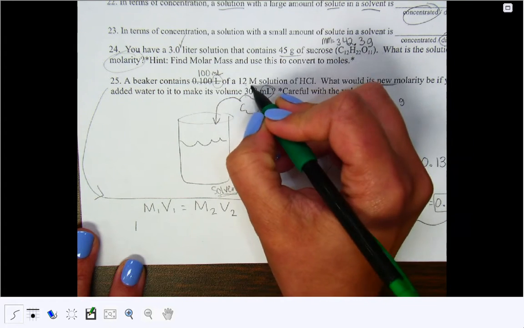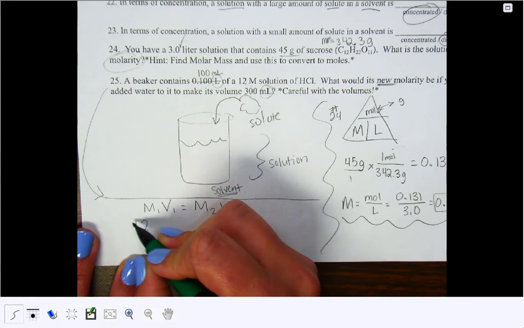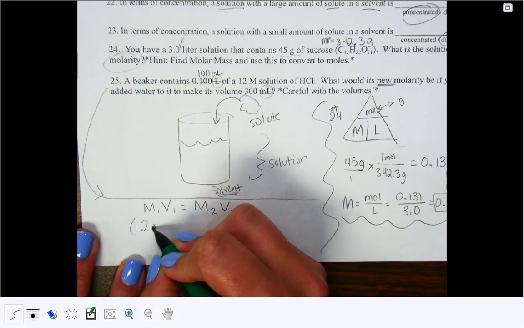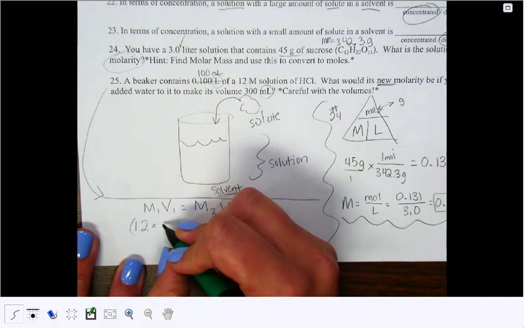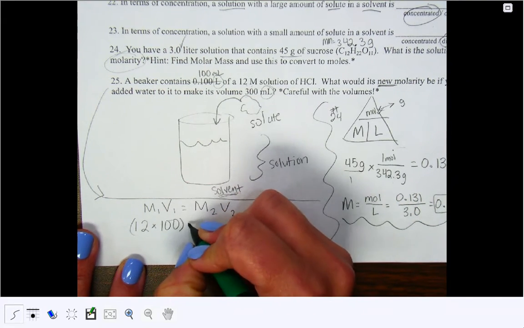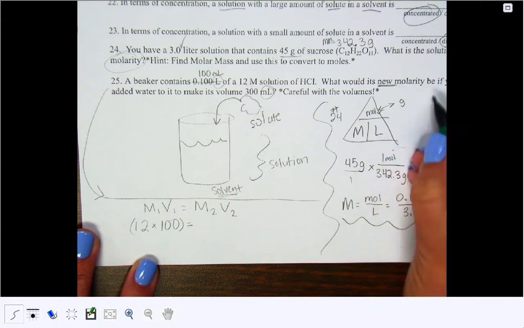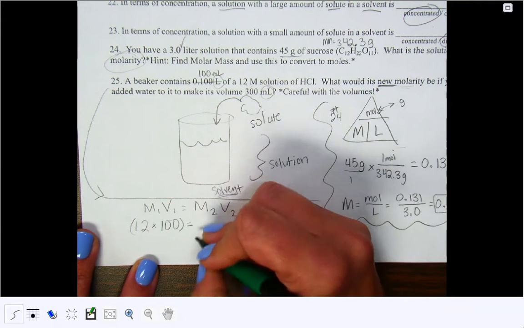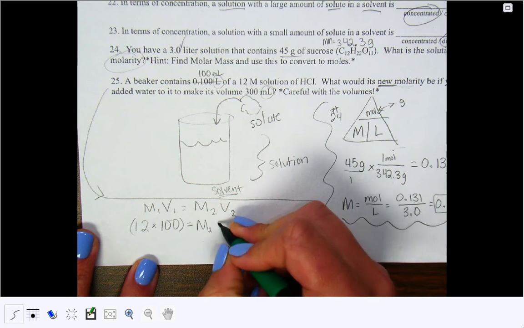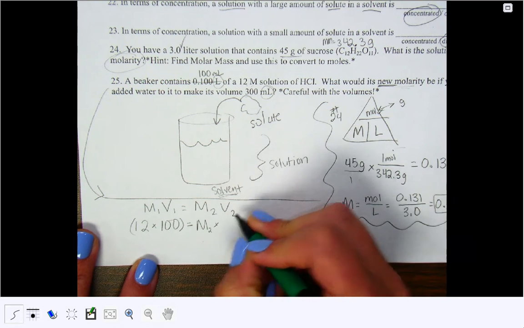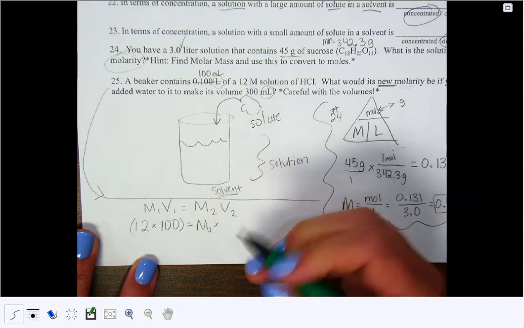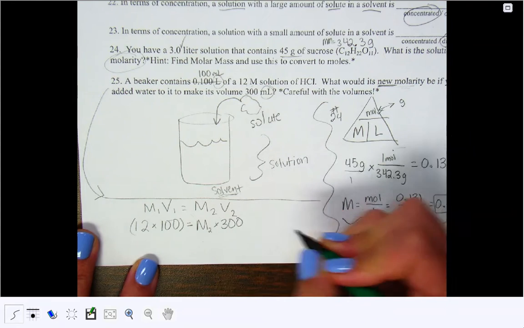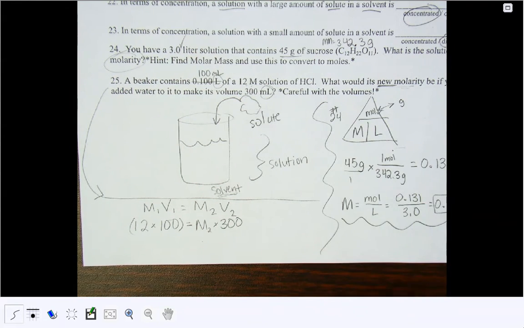So I have 12 molar as M1 times V1, which is 100. I'm going to set that equal to M2, since we need the new molarity, times V2, which is this 300 milliliters. Once again, we're just lining them up.